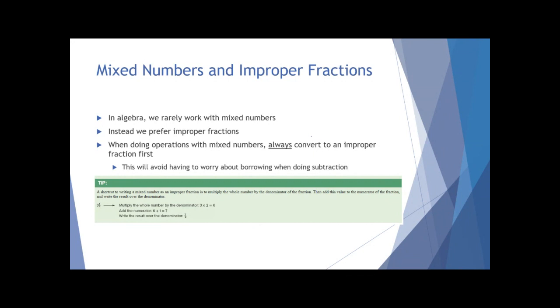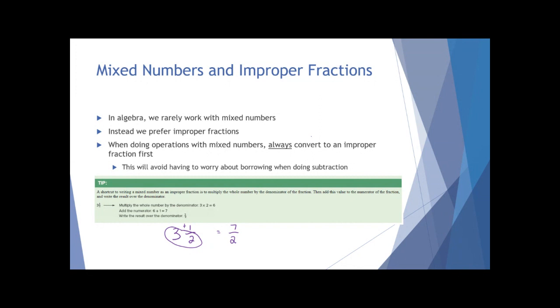And so this is really tiny here, so I'm going to write this bigger. Basically, what you do is if you have 3 1/2, you multiply the whole number by the denominator. So you multiply the 3 times 2 together, and then you add the 1. So 3 times 2 is 6 plus 1 is 7, and that is your new numerator, and then your denominator stays the same.